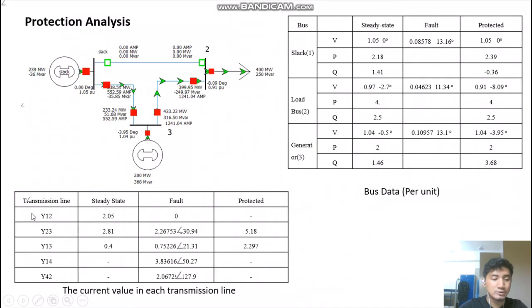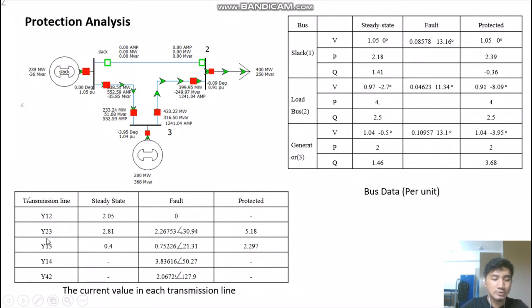For Y12, the steady state is 2.05 and during the fault it is 0, and the current with protection in Y12 is also 0 because the circuit is open.